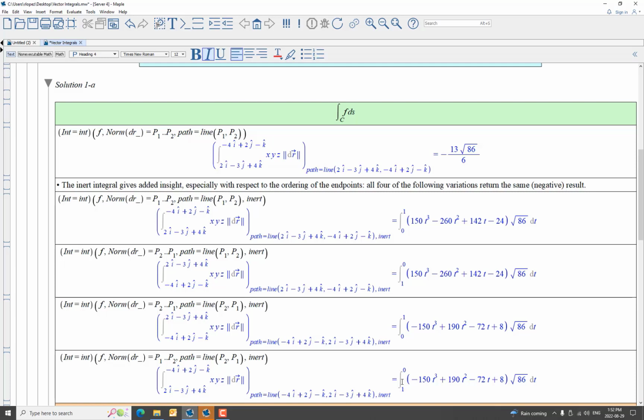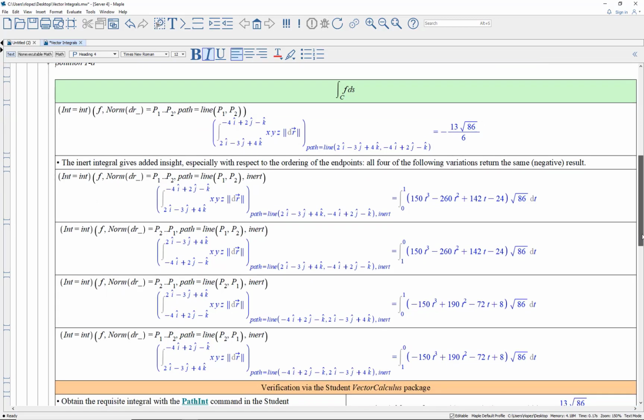You're going to flip this, that's a minus sign, and you picked up a minus sign here, so you're going to get this answer. So the direction that you use in the description of the line won't change the value of the integral. It's the direction that you established by stating here what is the initial point and what is the final point.